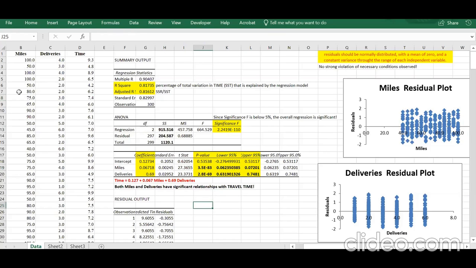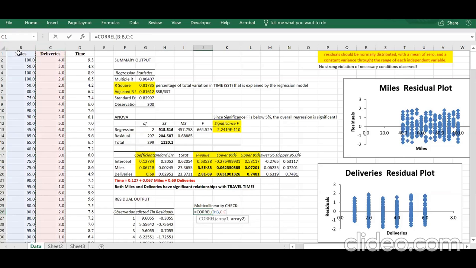So if you have only two independent factors, miles and deliveries, it's easy. You just find the correlation between these two. Multicollinearity check. Correlation between miles and deliveries.